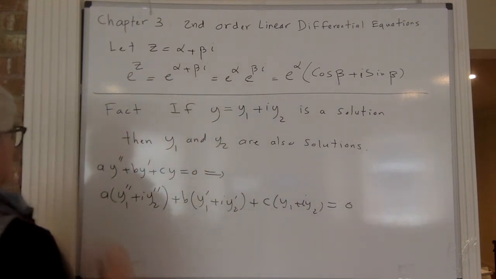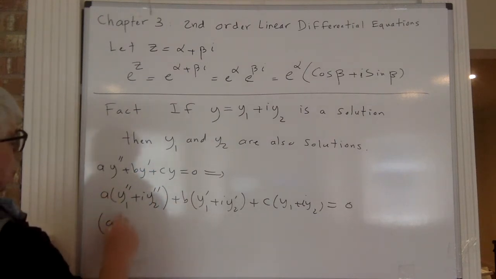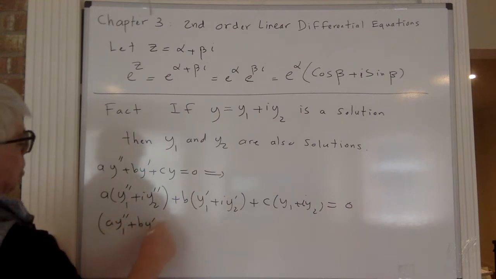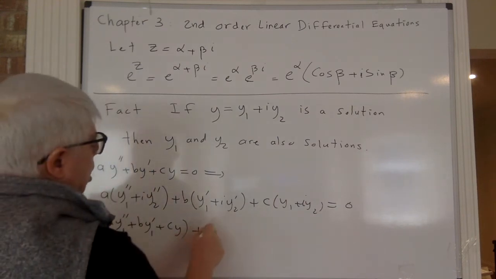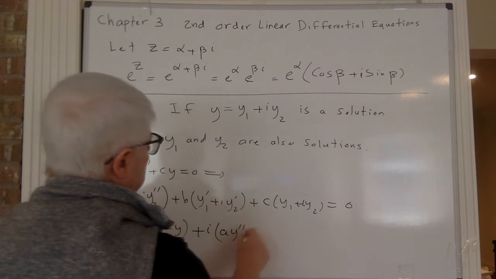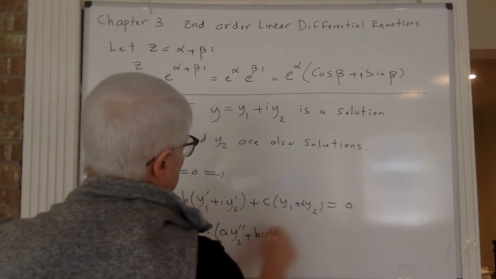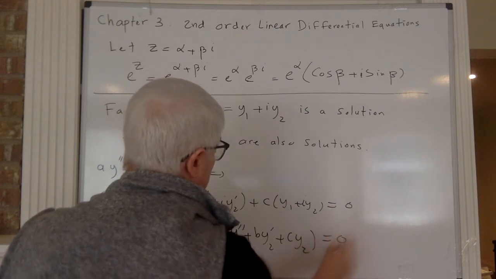So let's regroup them into real and imaginary parts. The real part will be a y1 double prime plus b y1 prime plus c y1. And the imaginary part is a y2 double prime plus b y2 prime plus c y2 equals 0.